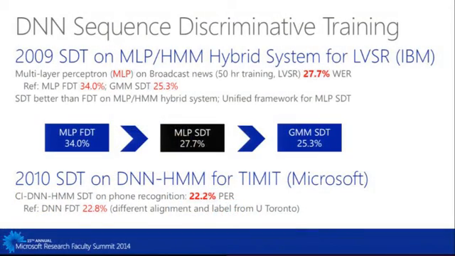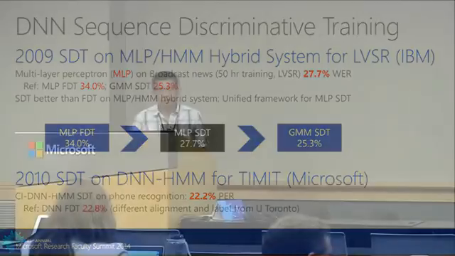To further improve the accuracy, different groups have tried to apply the sequence discriminative training technique that has been shown to be successful in GMM. So actually, in early 2009, IBM already published a paper to show that sequence discriminative training can be done on the neural network hidden Markov model hybrid system.